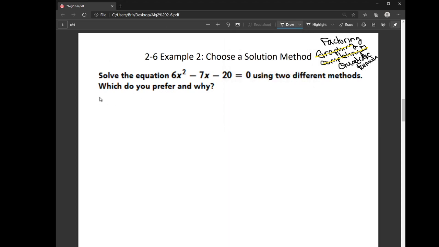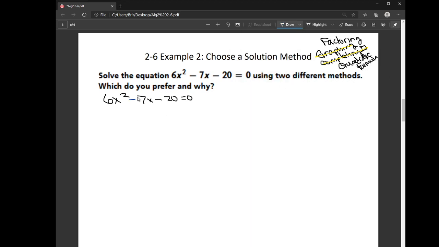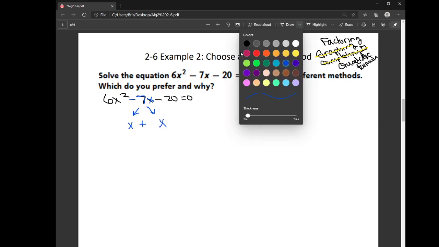So I was talking about factoring, so I'm just going to go ahead and do that first. Remember, in this book, we cover factoring by grouping. So I'm breaking apart this minus 7x into 2 terms that are going to be separated by a plus. Okay, everything else stays the same.